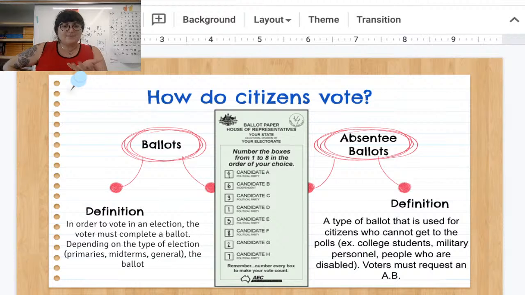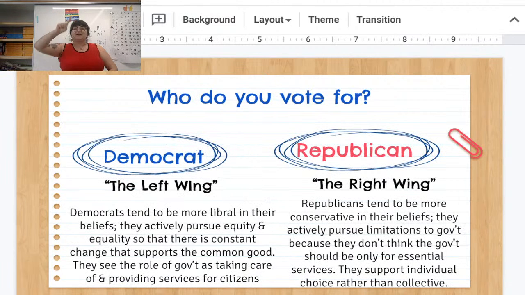We've talked about, well, how do citizens vote? Now we need to ask ourselves, well, who do we vote for, right? Even within these branches of government, there are two big parties. Say them with me, the Democrats and the Republicans. So this is big. This is huge.